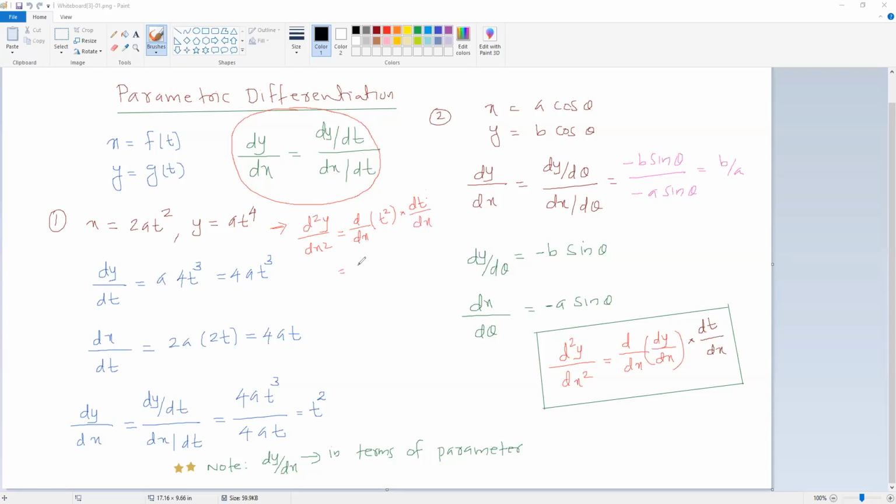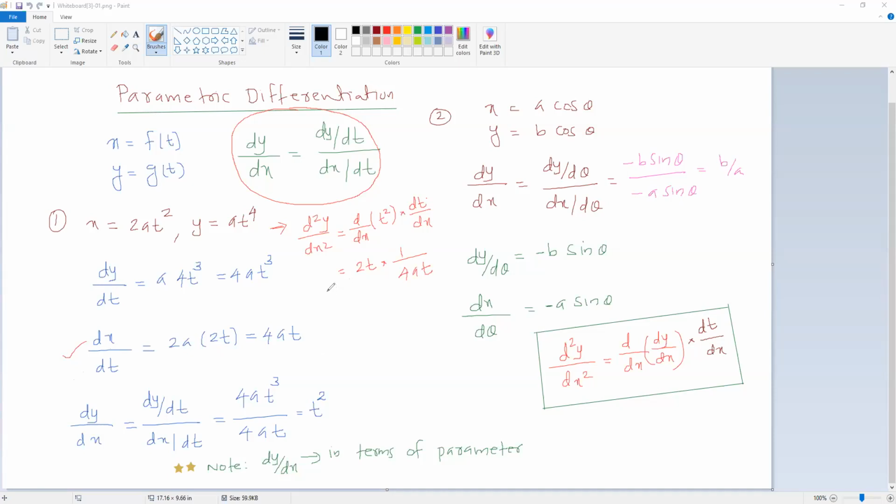So derivative of t square is 2t into dt by dx. dt by dx you will get from dx by dt, take the reciprocal of that, that is dt by dx. So it is 1 by 4at.